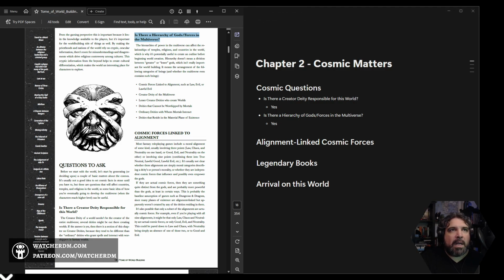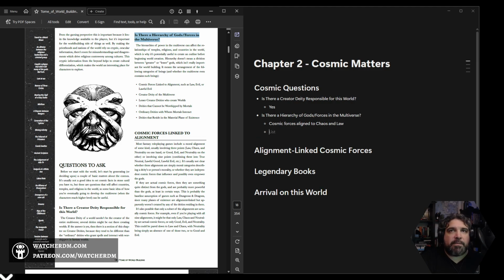So I think we can even get down to, yeah, we want some cosmic forces aligned to different things. So we're going to say cosmic forces aligned to chaos and law, just because it's a fun trope. It's good for my spirit, and I like it. I like the way that works. So we're gonna go with that.